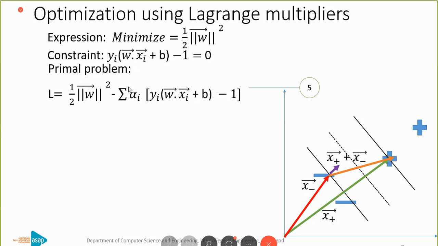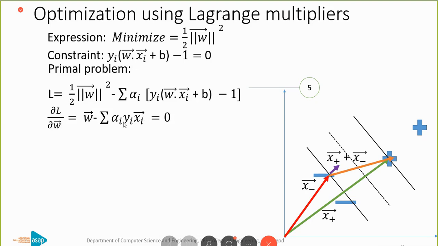A little bit of mathematics now. We need to take the partial derivative of this L with respect to W. You know that here we have taken the norm squared. This norm squared is nothing but the dot product of W with itself.